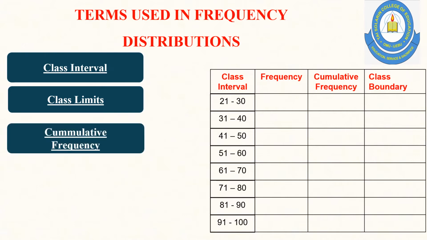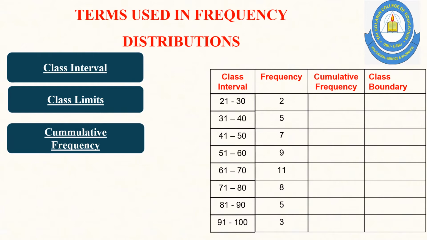Then we also have what we call cumulative frequency. You can get the cumulative frequency by adding the frequency from the first class to the various class intervals. That means each class interval must have its frequency against it. For instance, 21 to 30 has a frequency of 2, 31 to 40 has a frequency of 5, and so on.